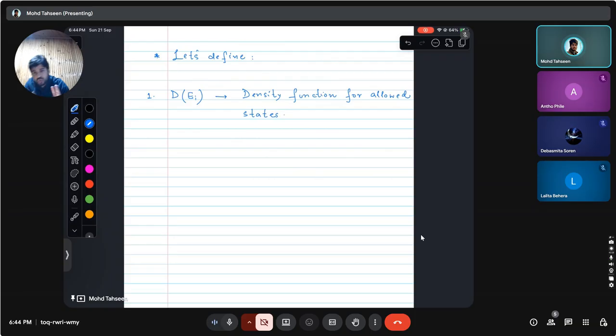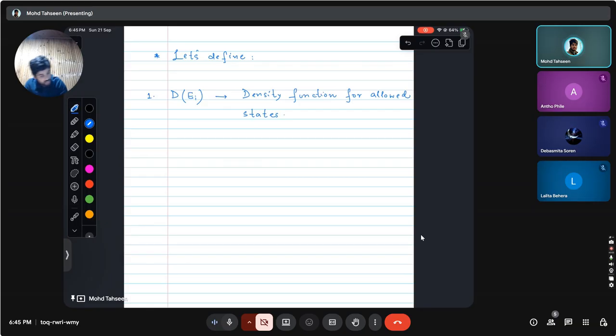Now there will be two points to consider here. One is the allowed number of states. The second is the filled number of states. How many of those states are filled? In Maxwell-Boltzmann distribution, we did not have such concepts. There was only one concept, which was the number of states. You could have any number of electrons or particles anywhere at any energy level. But that changes here for Fermi-Dirac distributions. Now you have two concepts here. One is allowed state, the other is filled state.